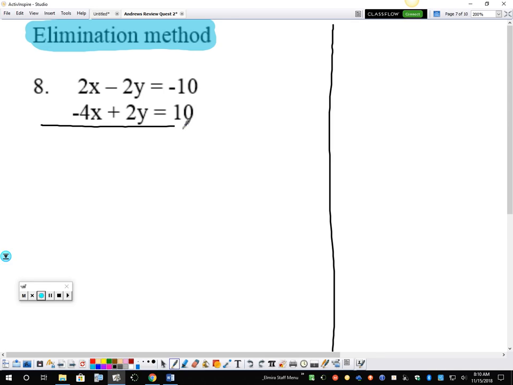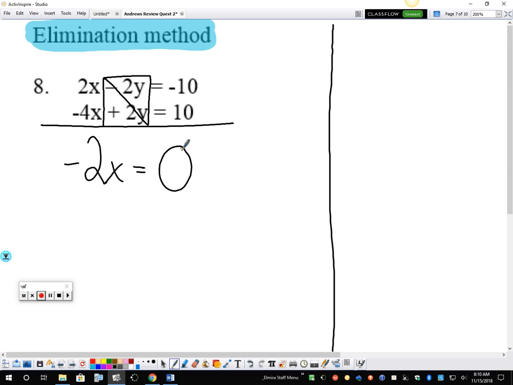So when I look at this, I see that my minus 2y and my plus 2y are opposite signs and they cancel. 2x minus 4x is a negative 2x. And a negative 10 and a positive 10, they just make 0.